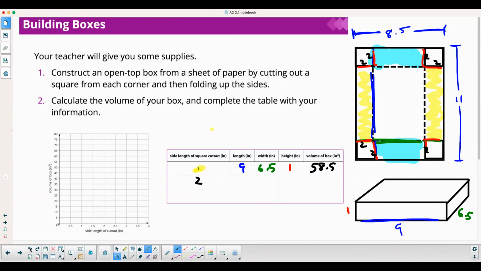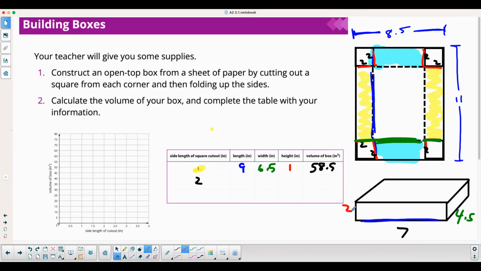So that blue side there is now going to be 11 minus 2 minus 2, so that's going to be 7. The green side right here is going to be 8.5 minus 2 minus 2. So 8.5 minus 4 is 4.5. And then when you fold up the flap, that's going to be 2 now, right there.